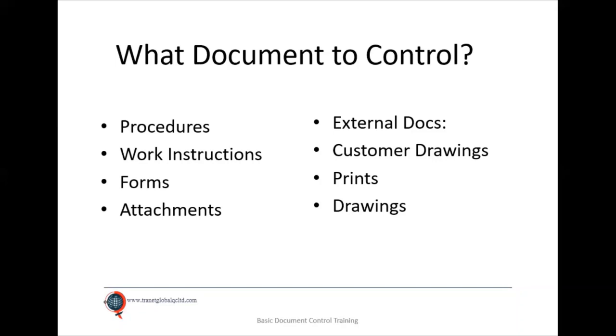Now, for some organizations that may have a lot of external information, let's say, for example, you're a training organization and you receive over 500 journals of a particular subject matter, and you put them in your library.